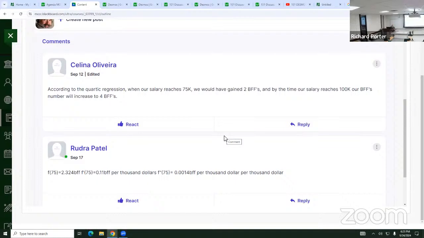F of 75 equals 2.3 BFF, and F prime of 75 equals 0.11 BFF per $1,000, and F double prime of 75 equals 0.0014 BFF per $1,000. Right, so every time it goes up $1,000, the rate is going up by that many per $1,000. Okay, good.